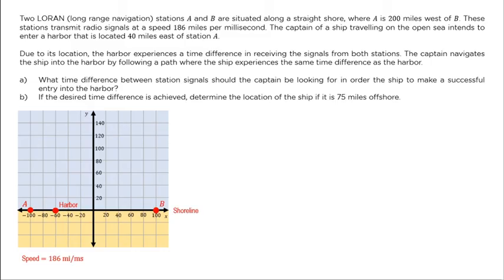So if that's the case, we can actually use the same knowledge that we know about physics. Speed is equal to the difference of the distances over the time difference. And since we are looking for the time difference, it is just equal to the difference of the distances over the speed. So therefore, we need here the difference of the distances since we already have the speed.